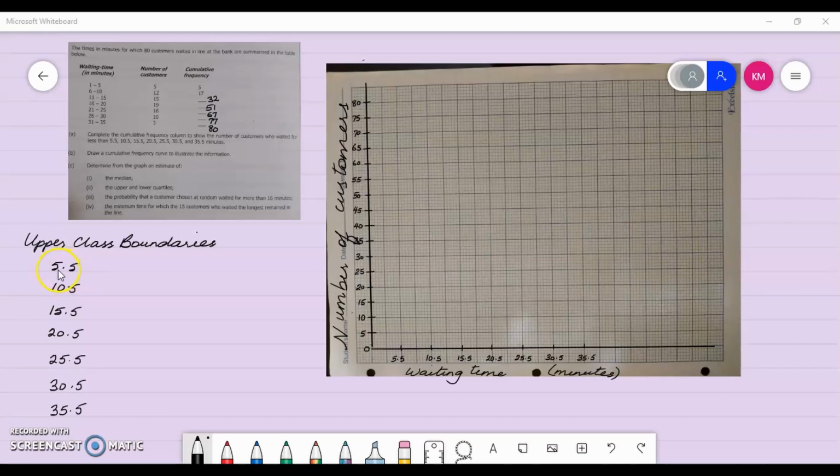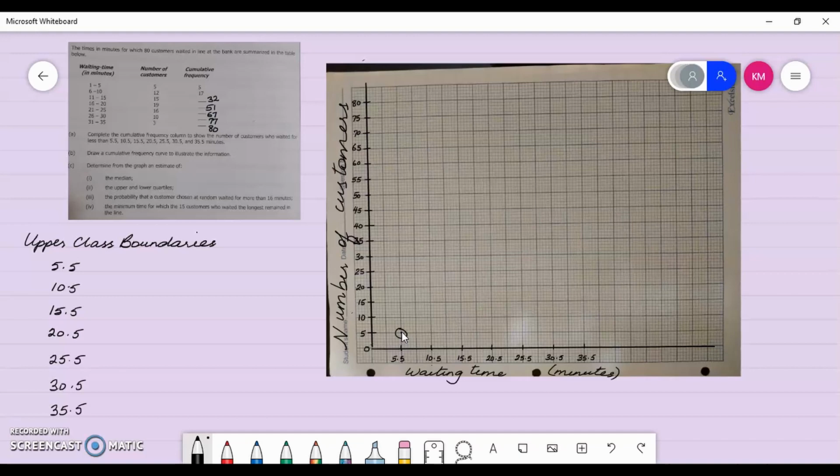So my first point is 5.5, and I'm going to be plotting that against my cumulative frequency value there of 5. So I look for 5.5 on my x-axis, and there it is, 5.5, and I'm going to go up until I meet 5, and it is going to be right here.